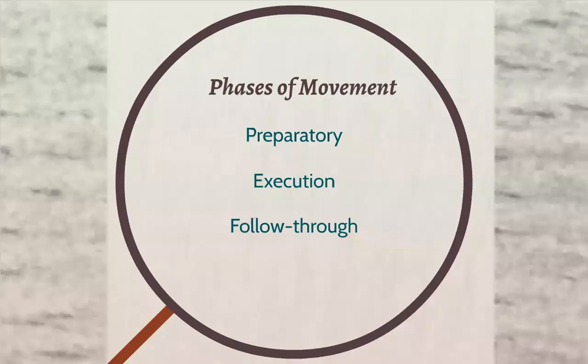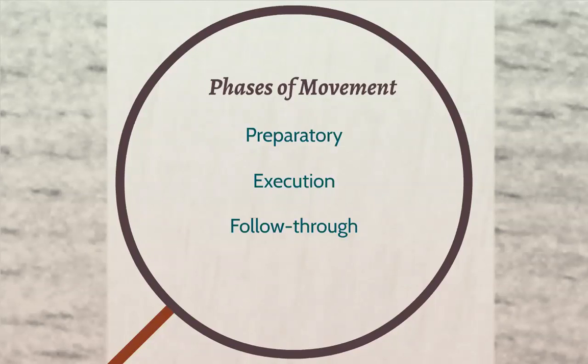So talking about degrees of freedom, you're really talking about how many joints are involved in this skill. Okay, so when we're talking about any one skill, you have the preparation part of the skill, the actual execution, and then the follow through, right? So if I'm going to throw a ball, my preparatory movement is to bring my arm back, some kind of wind up.